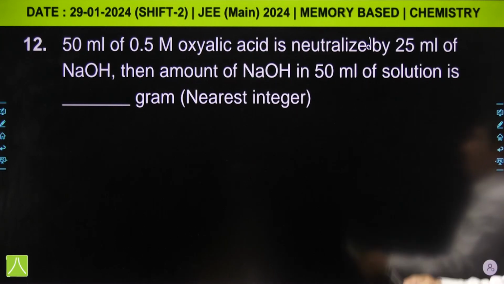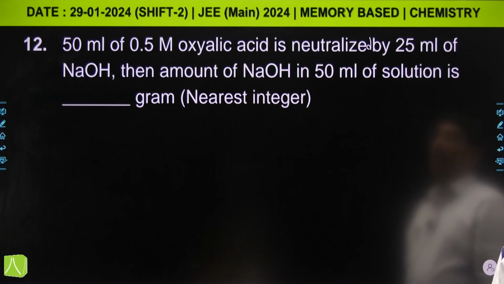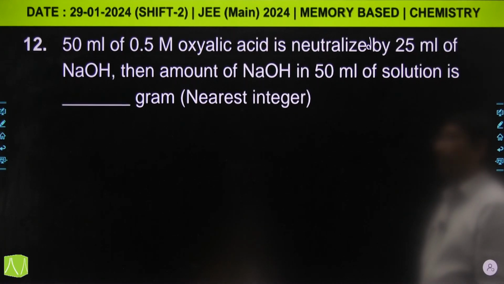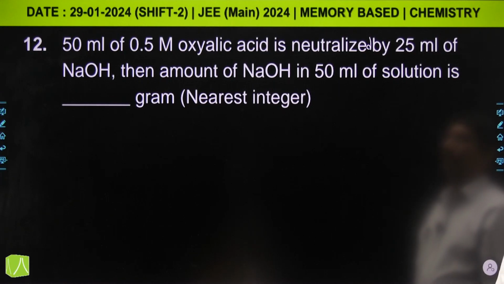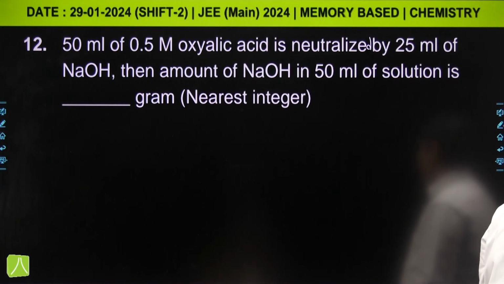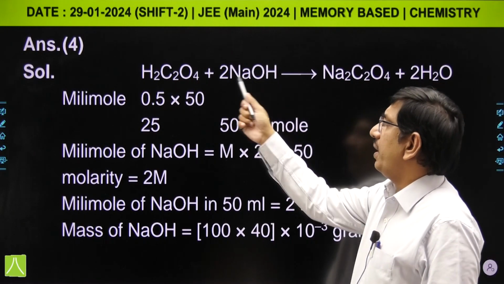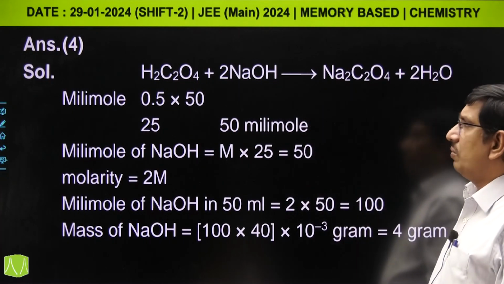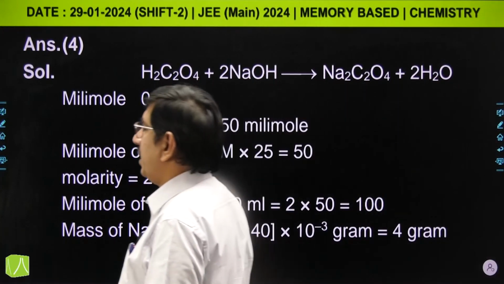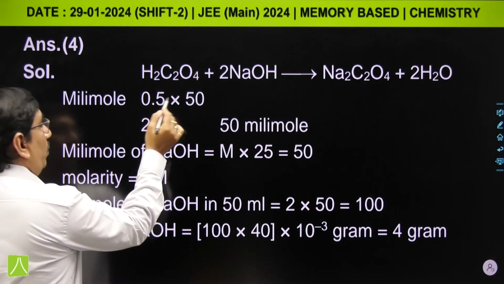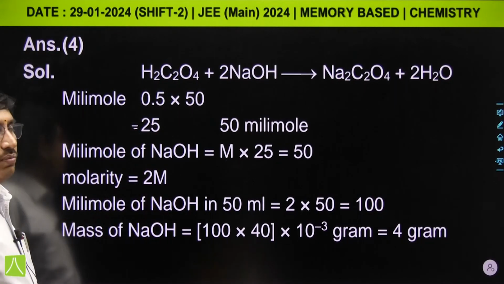Next, 50 ml of 0.5 molar oxalic acid is neutralized by 25 ml of NaOH. Then the amount of NaOH in 50 ml of solution is dash grams. In this, oxalic acid and sodium hydroxide react to give sodium oxalate and water. Millimoles of oxalic acid: 0.5 molar and 50 ml is given, so it is 25 millimoles.